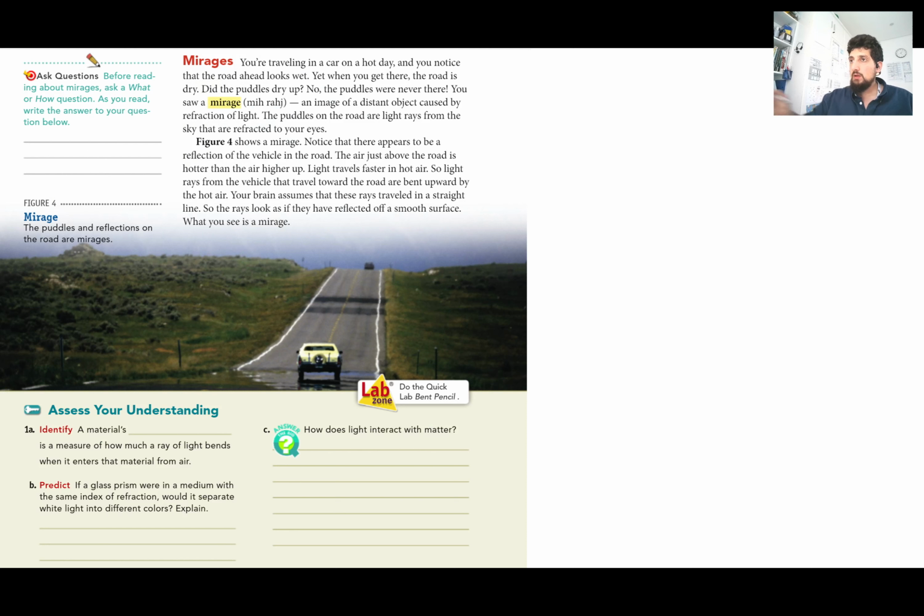Okay, very good. Ooh, mirages. What is a mirage? Let's read through this quickly. When you're traveling in a car on a hot day, you notice that the road ahead looks wet, yet when you get there, the road is dry. Did the puddle dry up? No, the puddle was never there to begin with.